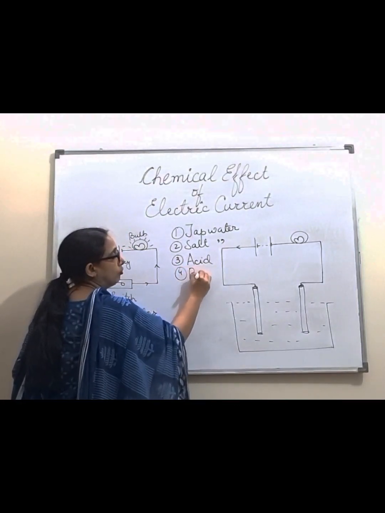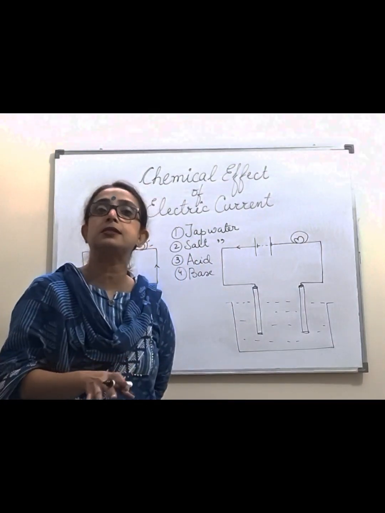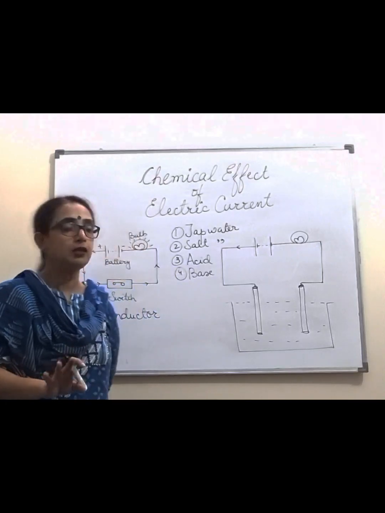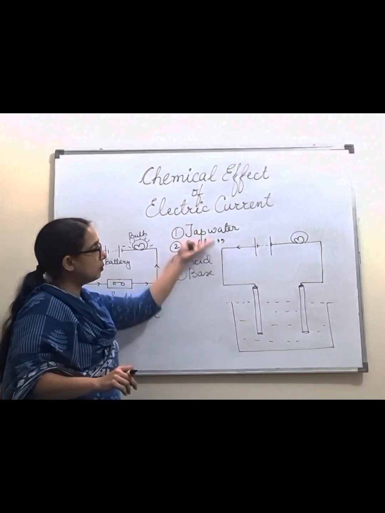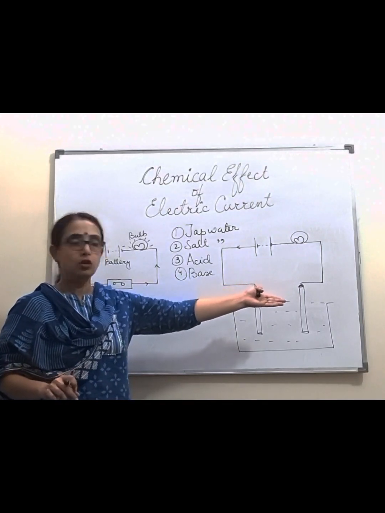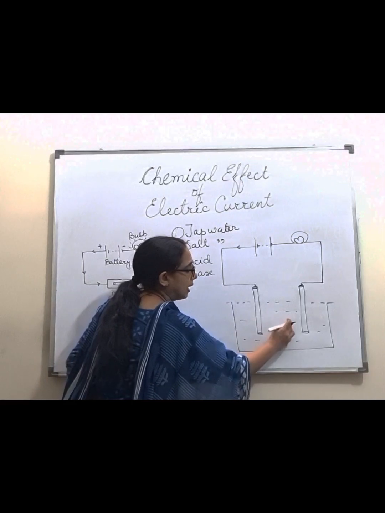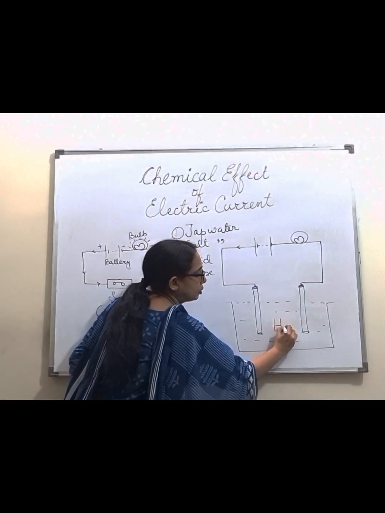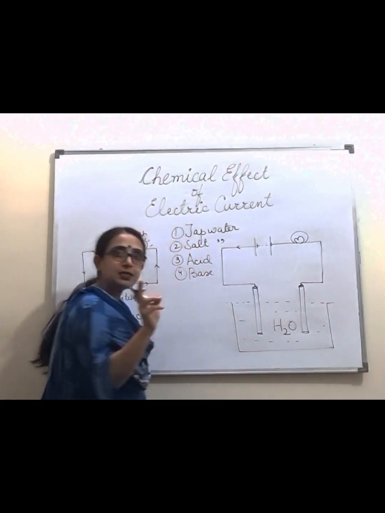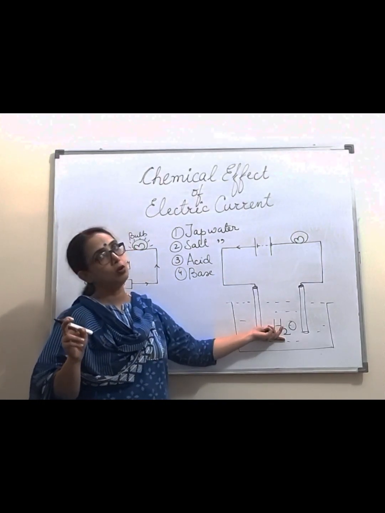Similarly, any kind of base, for example soap water, will also be considered a conducting solution. So these are the ones which will allow the current to pass through. So let us take the tap water. I am just writing here H2O because this is the symbol or formula for the compound water.